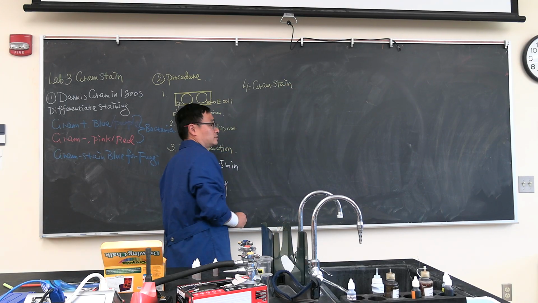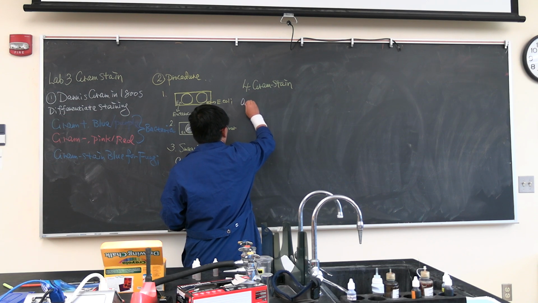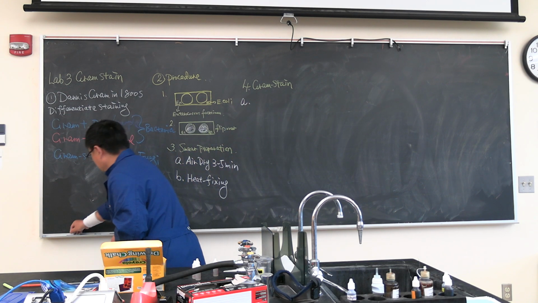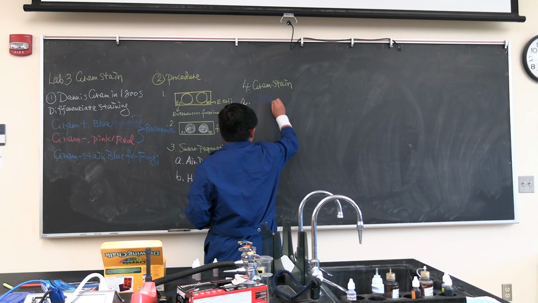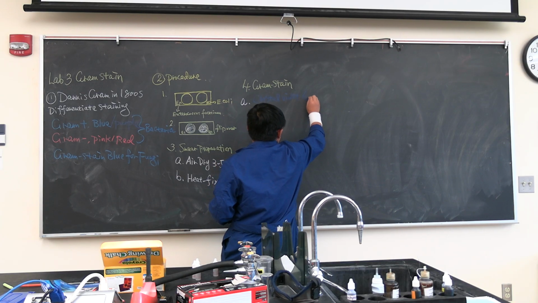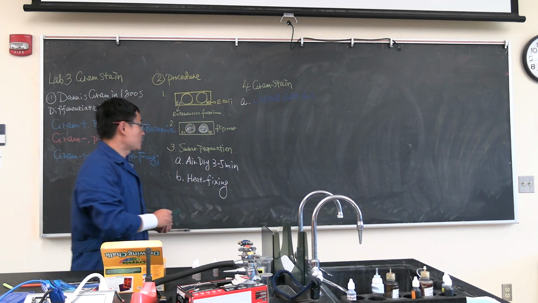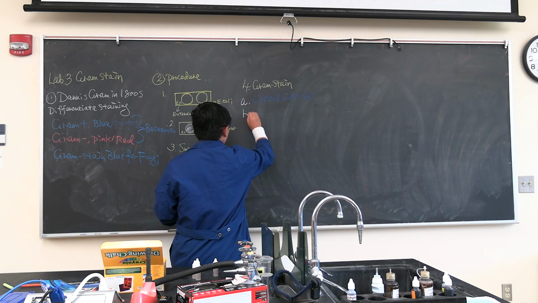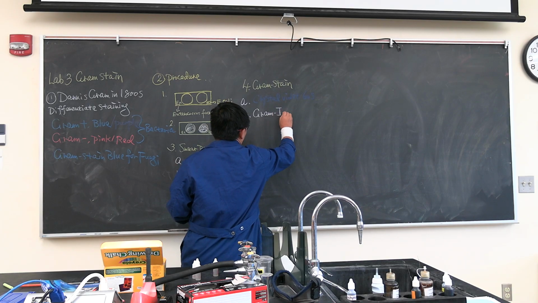Major steps. So what are the gram stain major steps? Number one, we're using crystal violet. We're staining 60 seconds. Number two, we are going to add in gram iodine.